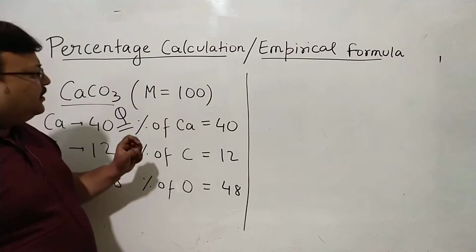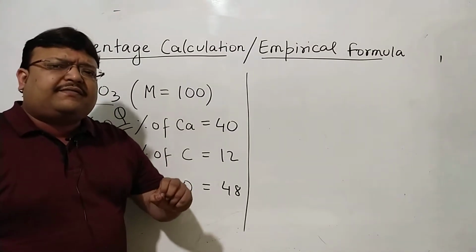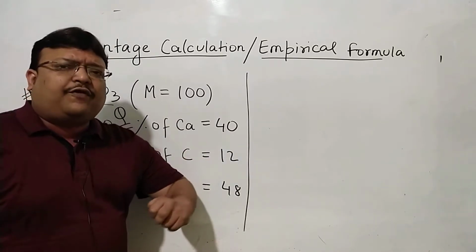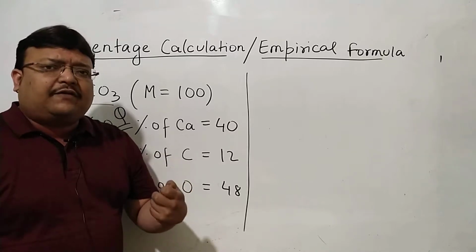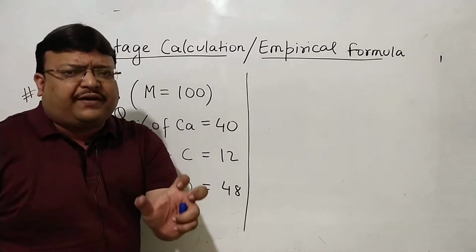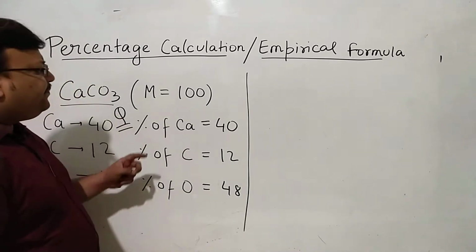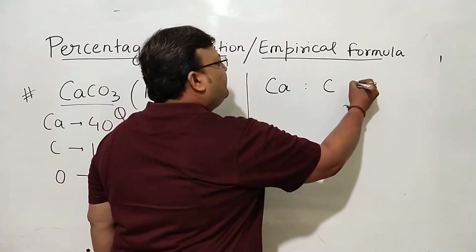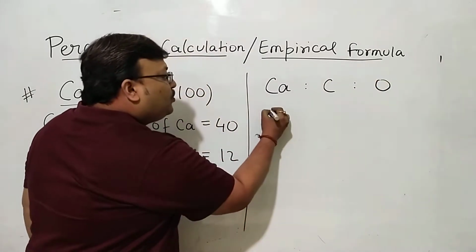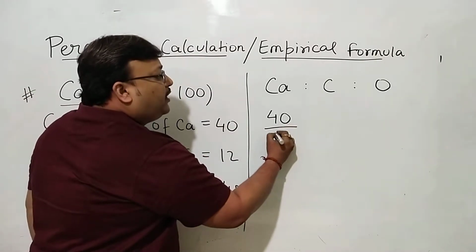The rule is, you will want to find the ratio of atomicity. Empirical formulae is the simplest set of whole numbers by which the compound could be represented. So for empirical formula, you will want to find the ratio of atomicity, the number of atoms of individual elements in that compound, and that is done in the following manner. Calcium is to carbon is to oxygen. We want to divide the percentage by weight with the corresponding atomic weight.